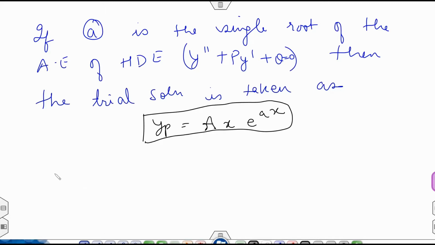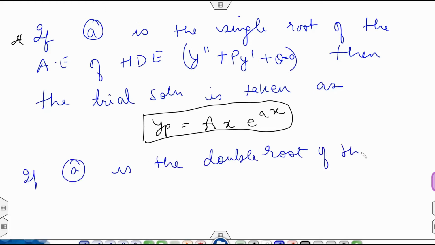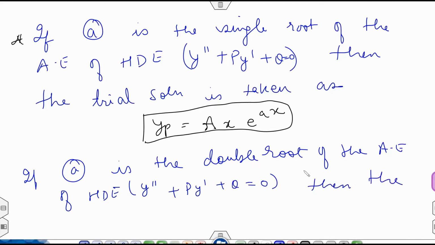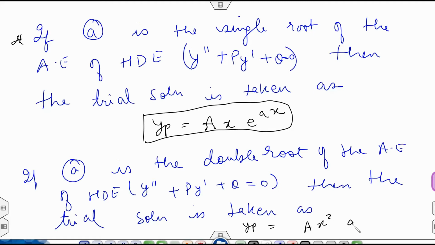Okay, so this is one case, and the next case is if a is the double root of the auxiliary equation of the homogeneous differential equation y double dash plus py dash plus q is equal to 0, then the trial solution is taken as yp is equal to a x square e to the power ax. Okay, so this will be your trial solution in that case.